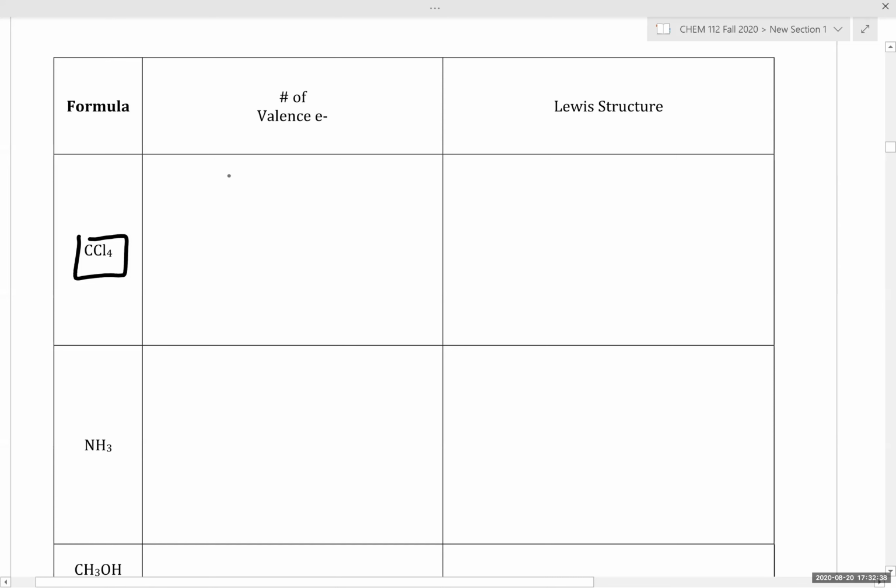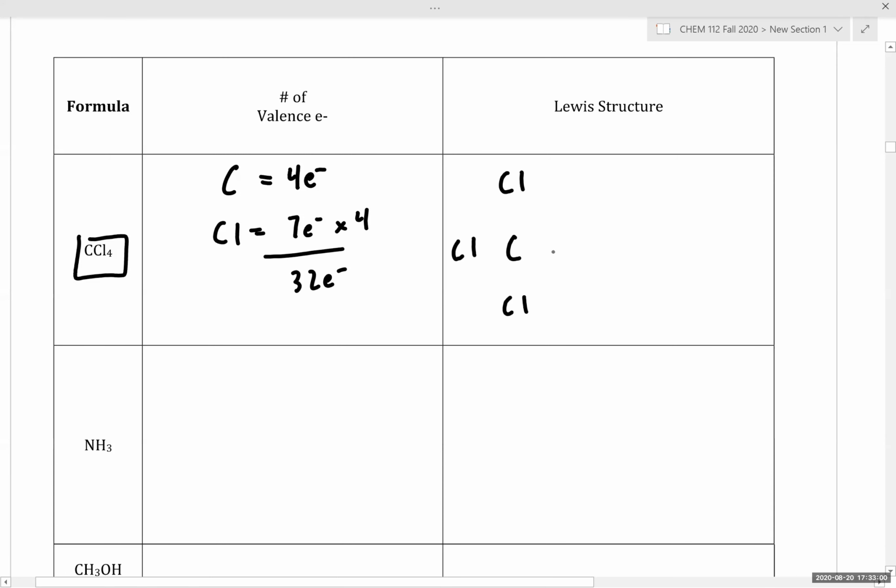So first things first, for our number of valence electrons, carbon contributes 4 valence electrons. Chlorine contributes 7 valence electrons, and we have 4 chlorine atoms. So that gives us 32 electrons total. I'm going to draw carbon as my central atom and surround it with my 4 chlorines.